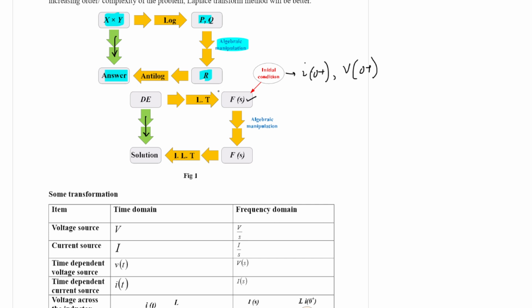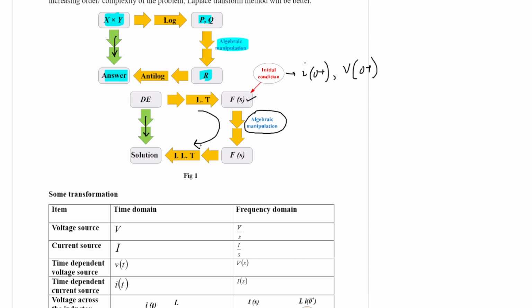These are called initial conditions, inductor current and capacitor voltage. From that F(s), we need to do some algebraic manipulation as required in the problem. Then with the modified F(s), you need to take the inverse Laplace transform to get the solution. So if the problem is too large or too complex to handle, you should follow this Laplace transform technique.